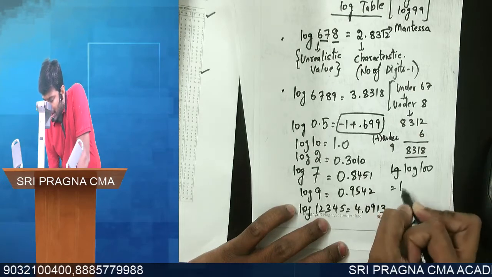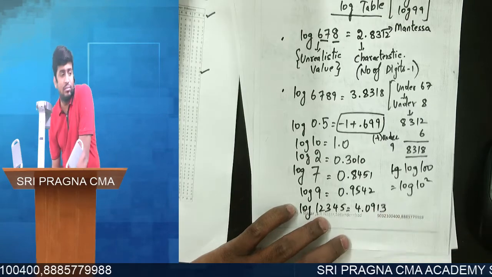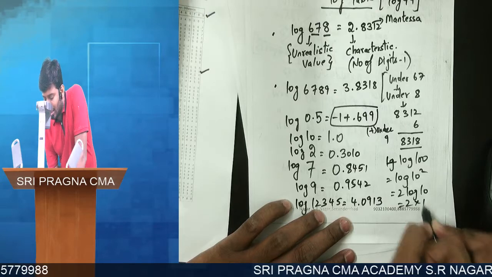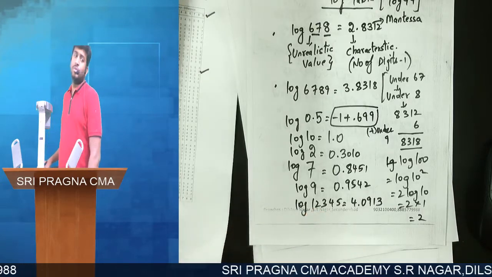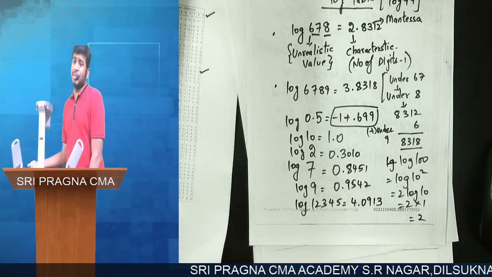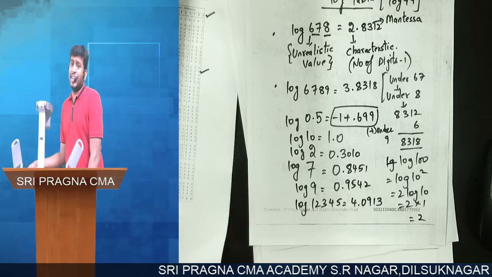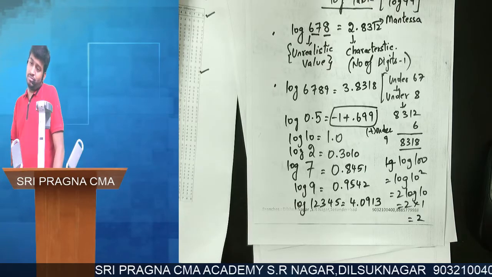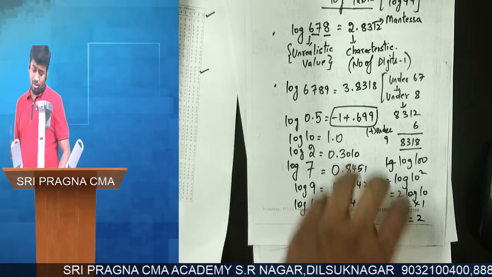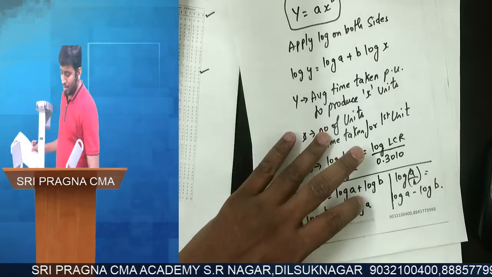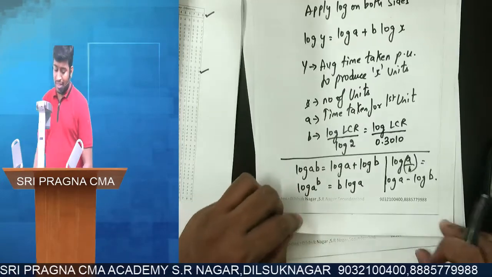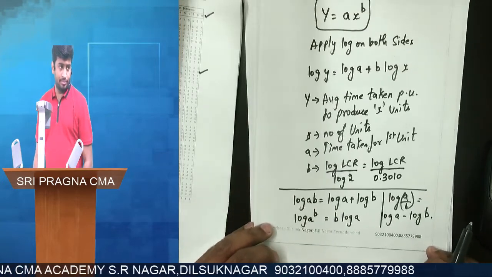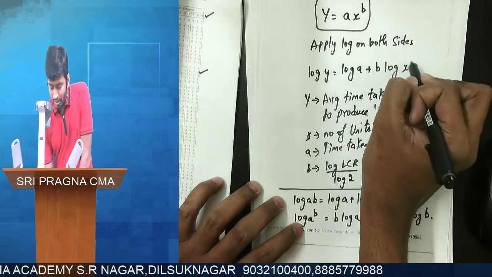Can I write log 10 square, 2 log 10, so 2 into 1, 2. ये मालूम रहना बाबा. Log 100 कितना रहता, 2. Log 1000, it keeps on going. ये फॉर्मूला कॉपी कर लो, then how to use in the problems I'll tell you. This is the formula.